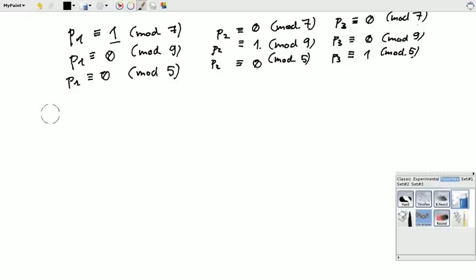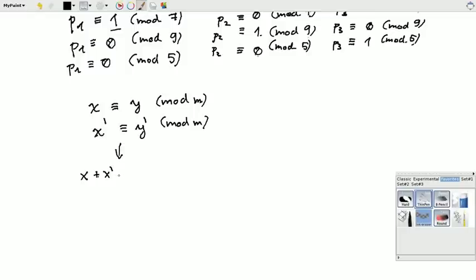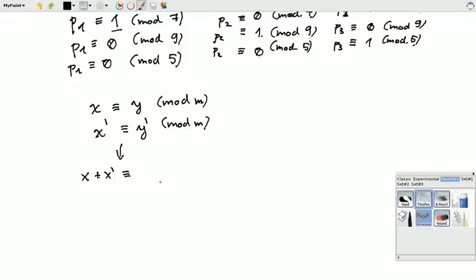Actually, in general, if you take x that is congruent with y modulo some m, and you take some x prime that is congruent with some y prime modulo the same m, then that implies that x plus x prime is congruent with, I'm really sleepy now, y plus y prime modulo m.